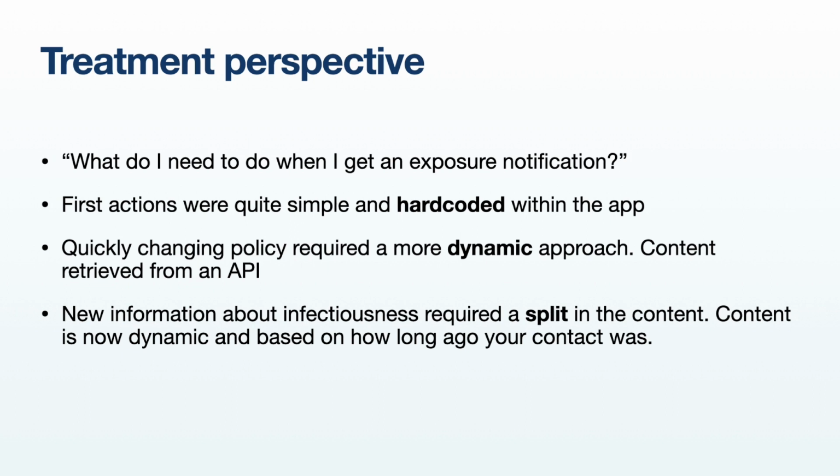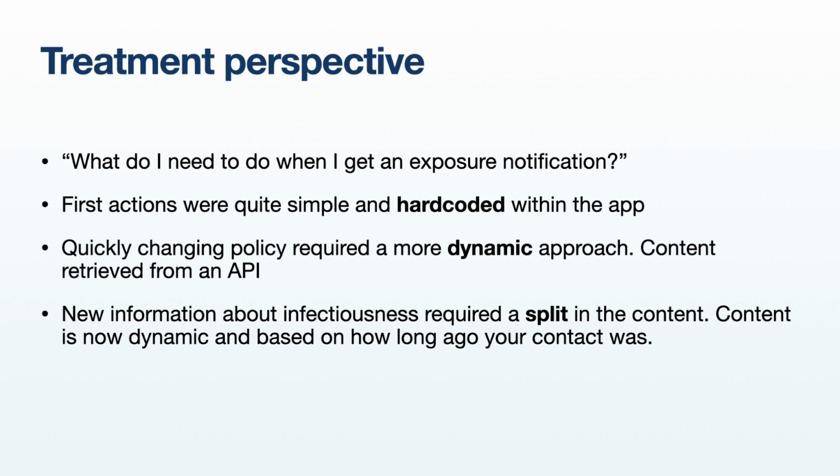And then going even further, there was new information about infectiousness based on how many days had passed since you encountered a person that was infected. So now we don't just have information that changes for everybody. We have information that changes based on your personal situation and how long ago your contact was.